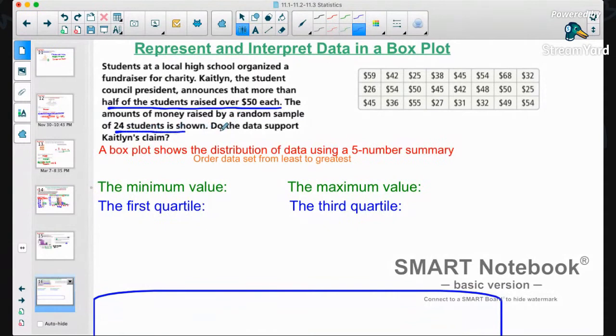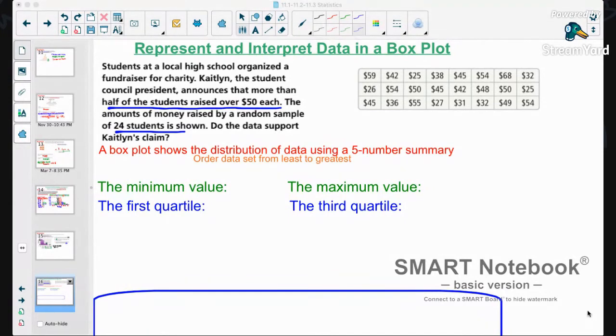Do the data support Kathleen's claim? We are going to use the box plot. A box plot shows the distribution of data using a 5-number summary. Ladies and gentlemen, you can order the data set from least to greatest. Then you can understand the minimum value and maximum value. So there are 24 students over here.